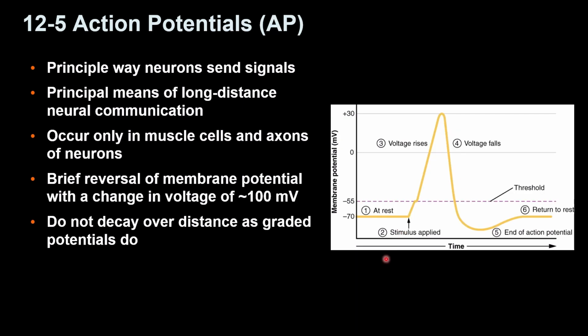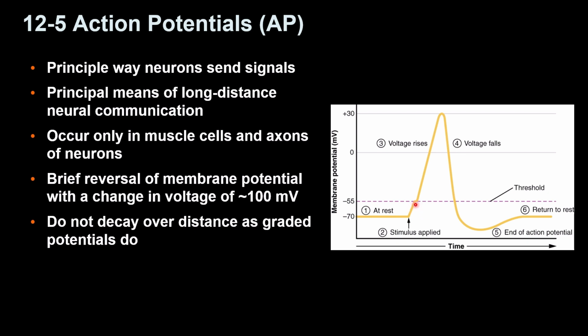Compare that with action potential here. Action potential happens in the muscles and axons, okay? So here at rest you have negative 70. If a stimulus comes here, and if the stimulus is strong, that can cause depolarization. Remember, depolarization means the cell becomes less negative or more positive.